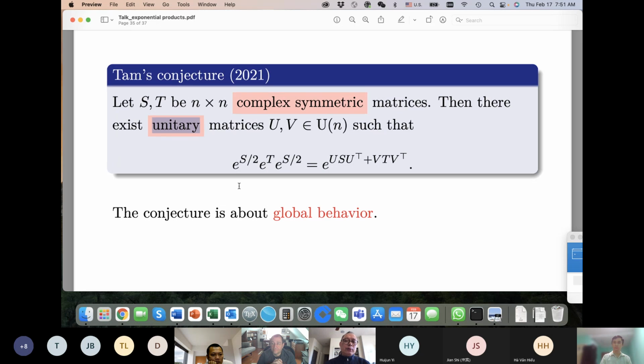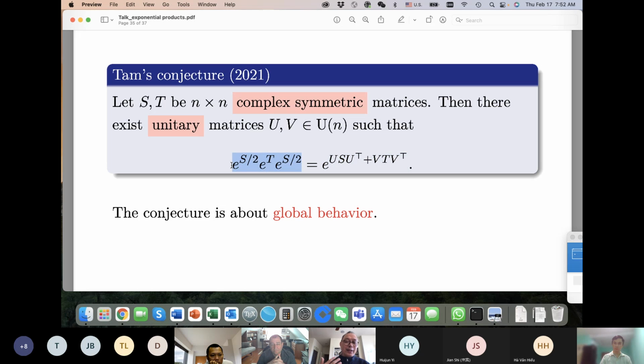It reveals a little bit more about the structure of the matrix exponential product. Look at that: e^T, if T is a complex symmetric matrix, and then you have that, and then you multiply them together. So it must be something, and that something is the exponential of that. And look at the left side.